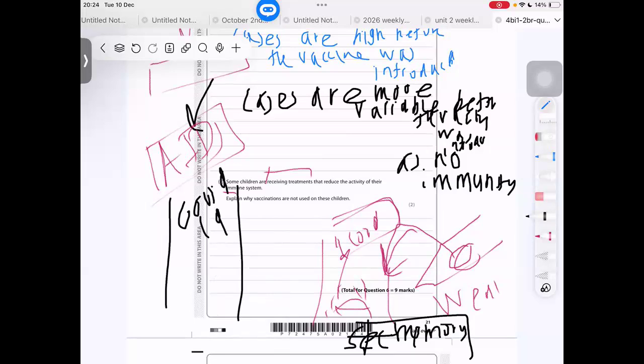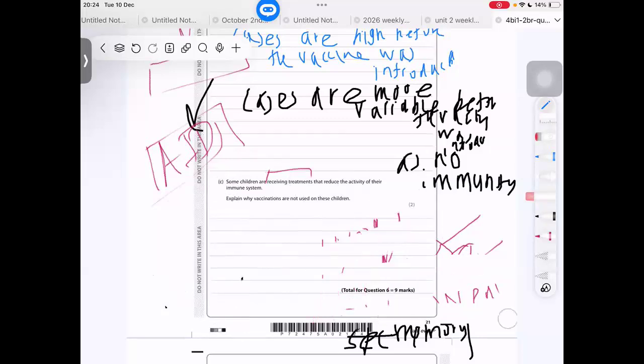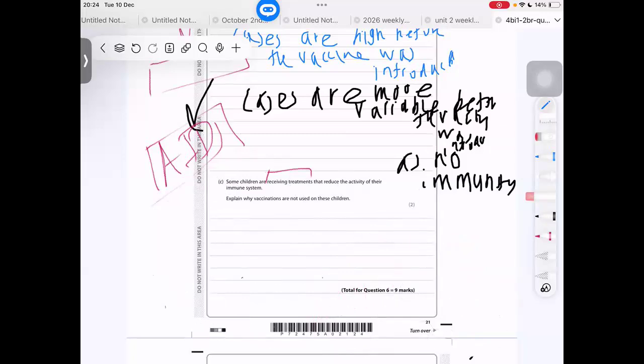They can't create enough antibodies to kill even the weakened pathogen, so it can have a lot of side effects on their body. That's why you should not vaccinate children on such medication. That's also why there is a certain age for vaccination, because small children's immune systems are not yet properly developed.